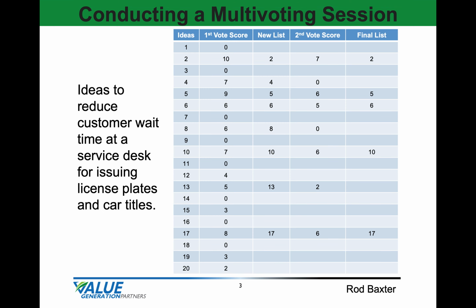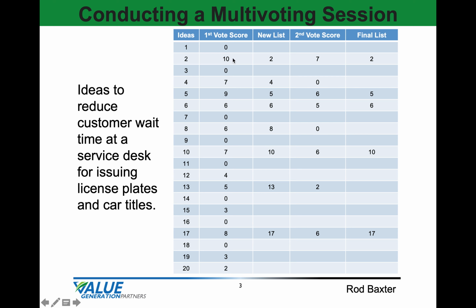So here's an example of a multi-voting session. We generated a list of ideas to reduce the customer wait time at our service desk for issuing license plates and car titles. The group came up with 20 ideas, and the numbers are listed here, 1 through 20. We then allowed them to vote.